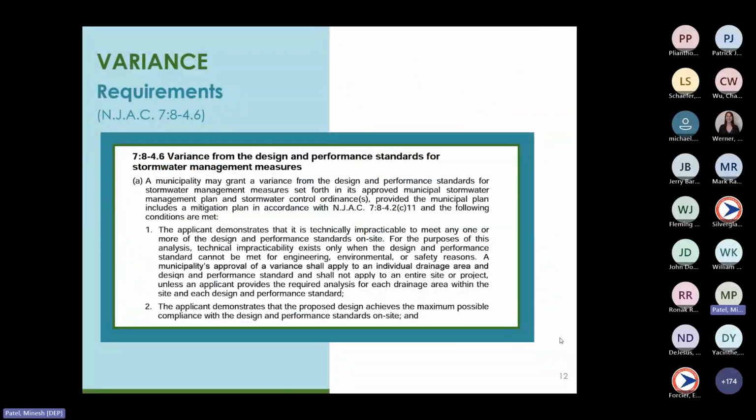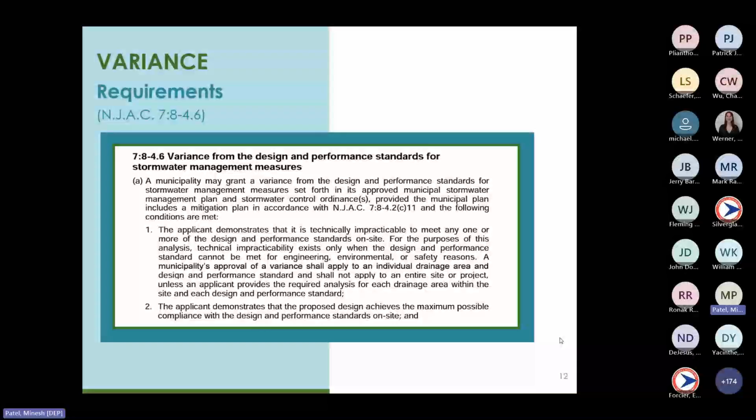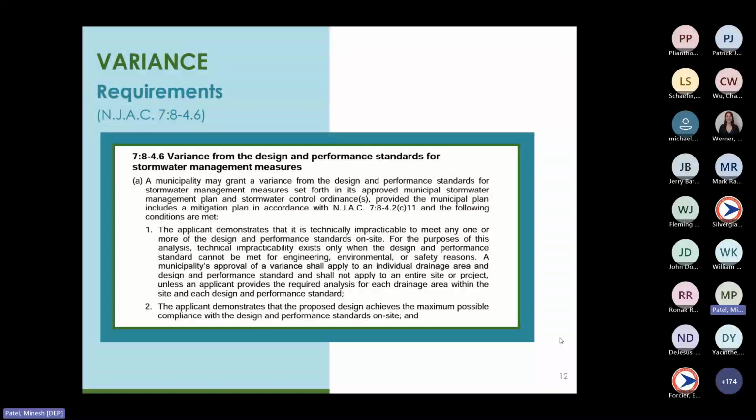So there are strict standards to be met in order to grant a variance, as you know. More specifically, the municipality has to have a mitigation plan in place that identifies what measures are necessary, potential mitigation projects and or criteria to evaluate mitigation projects that can be used to offset the deficit that's created by granting a variance.